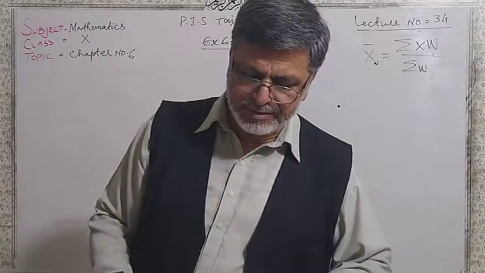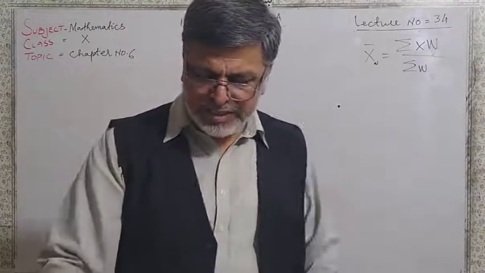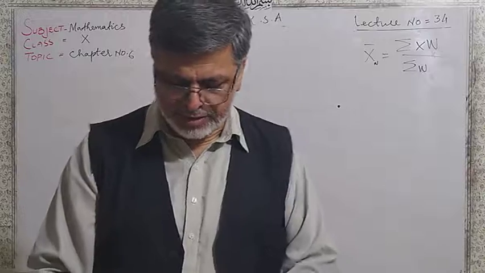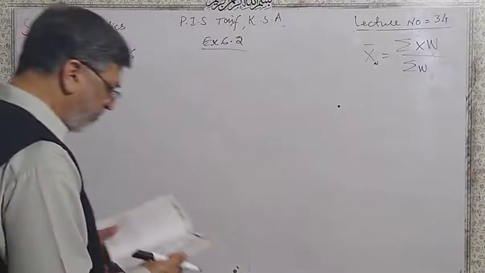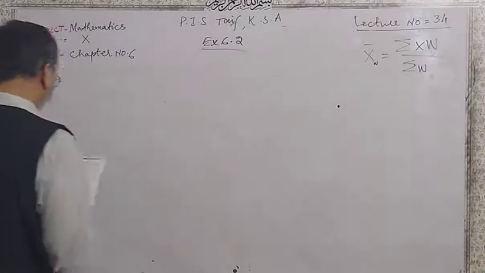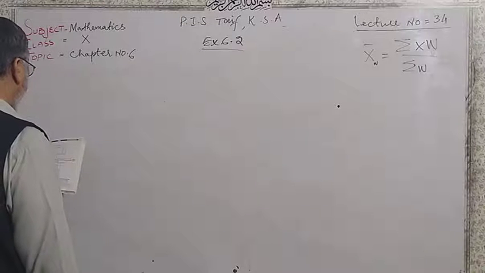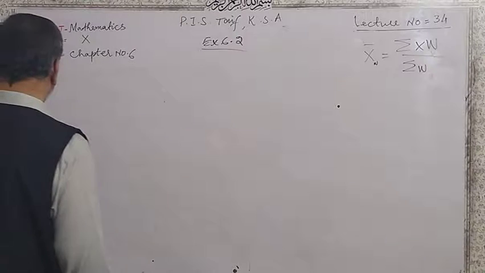Question number 11. On a vacation trip, a family bought 21.3 liters with the price of 39.90.